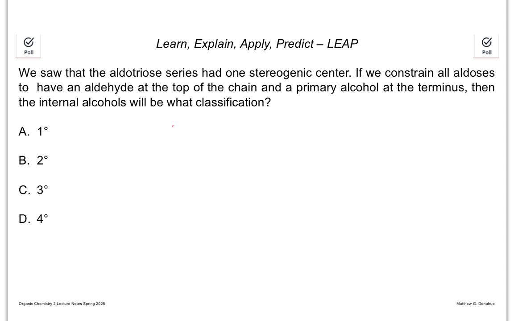If we consider a general Newman projection, so if this is carbon 1, the highest oxidized carbon, up to N, the last carbon, that has an alcohol. Any internal alcohols, so 2 to N-1, will have what classification?